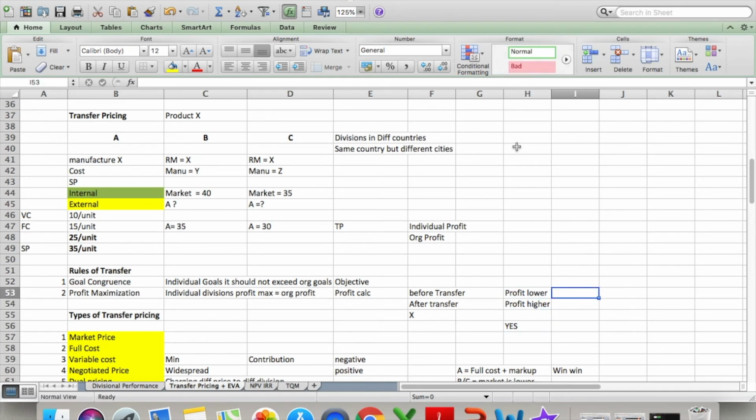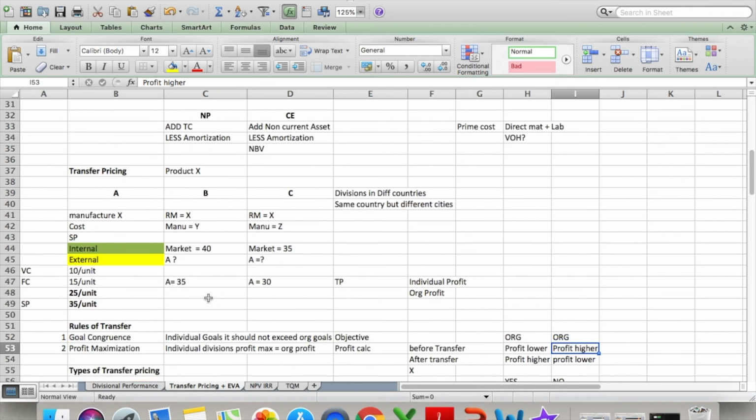But if the profit was higher before the transfer and it was lower after the transfer, then the transfer should not be done. Now this profit is all in terms of organization profit, not individual profit. So we are going to look at the organization's profit as a whole, which is a combination of all the divisions' profit together, right?